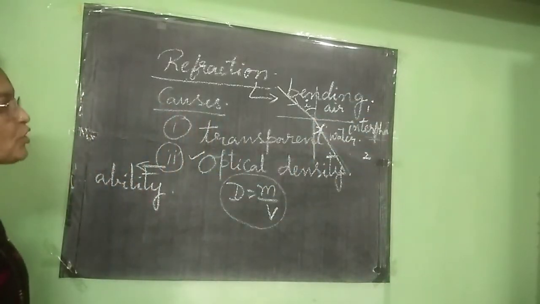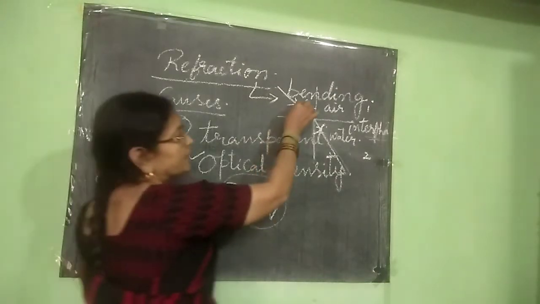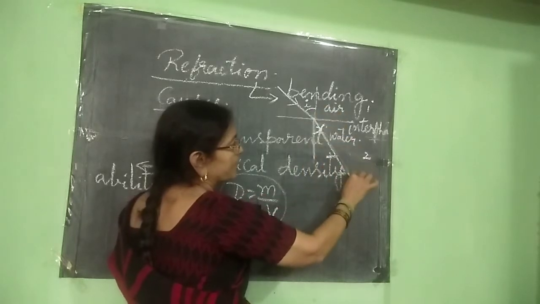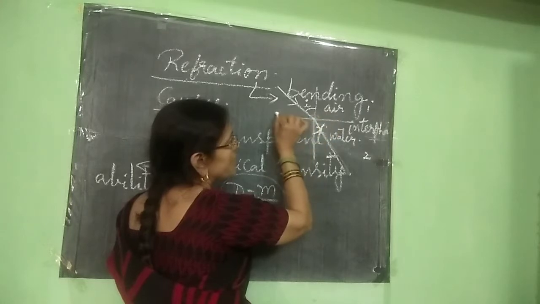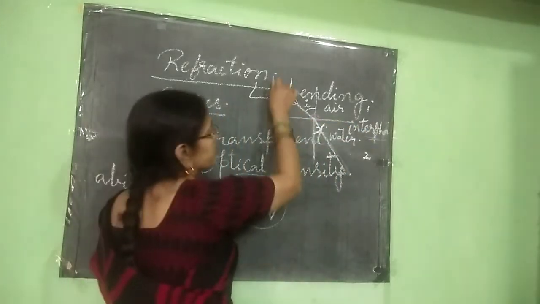Now coming to the laws of refraction, the incident ray, the normal and the refracted ray all lie on the same plane at the point of incidence on the interface.